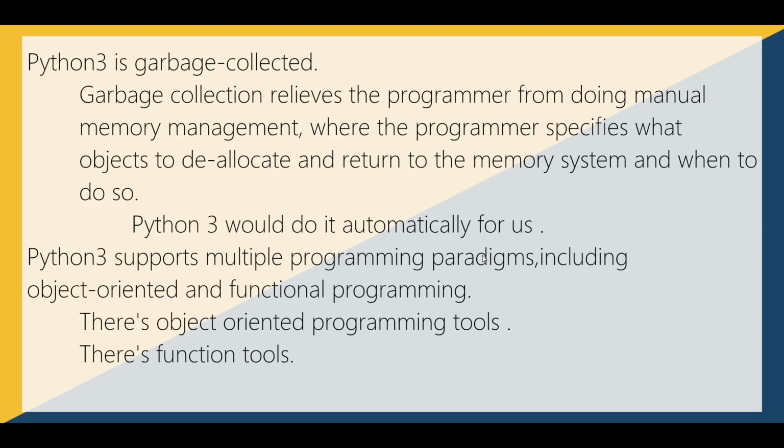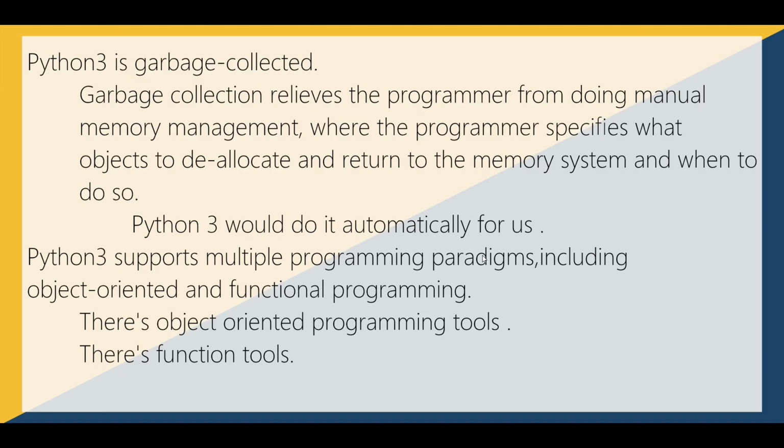We only want to care about our program and how it's going to run. So garbage collection relieves the programmer from doing manual memory management, where the programmer specifies what objects to deallocate and return to the memory system and when to do so. Python 3 will do it automatically for us.